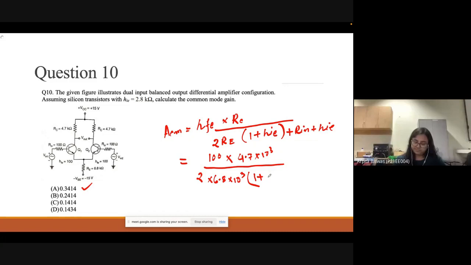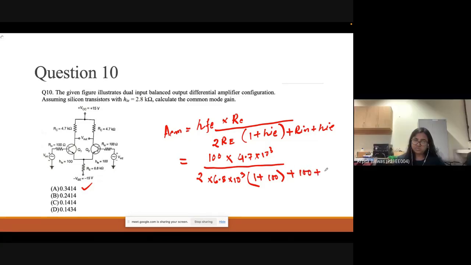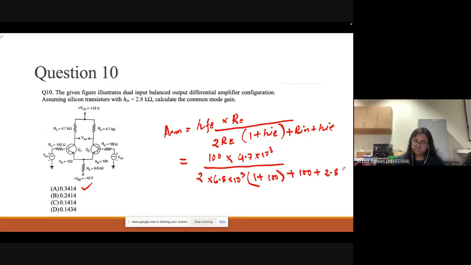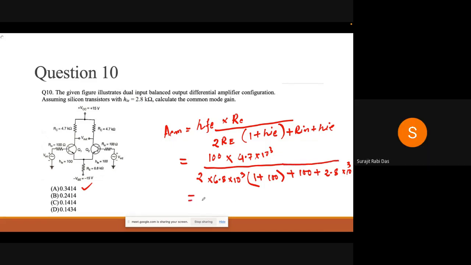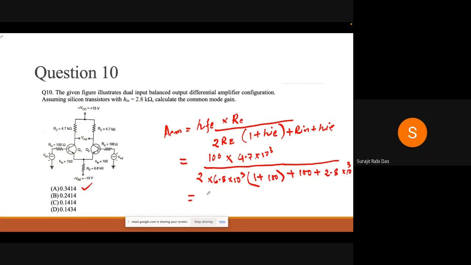HIE. 100, 100 plus HIE. HIE is actually 2.8K, 2.8 into 10 to the power 3. The HIE is 2.8K, right?